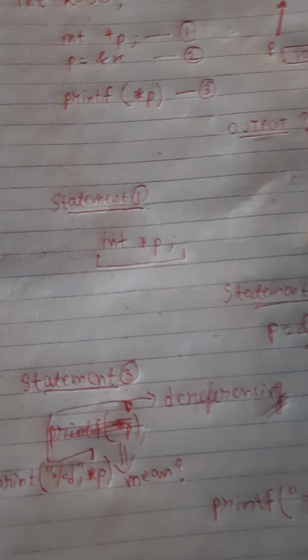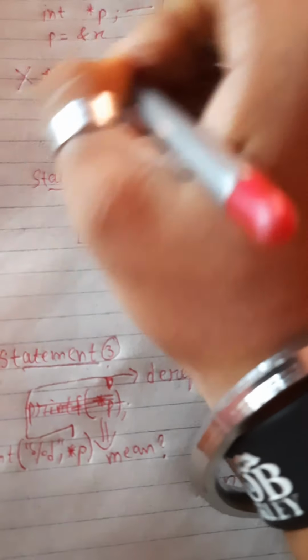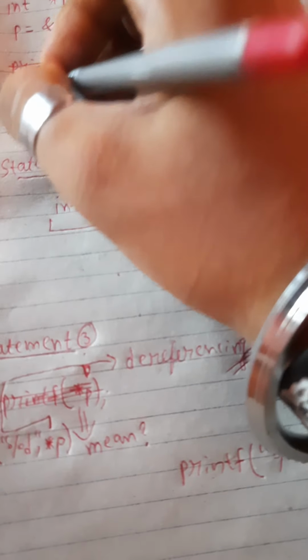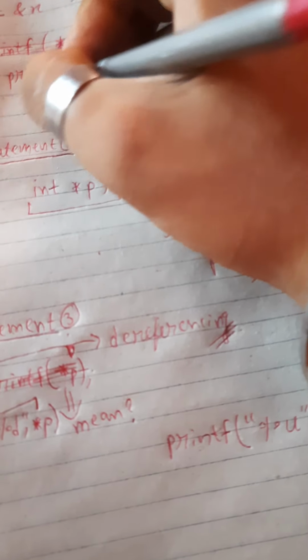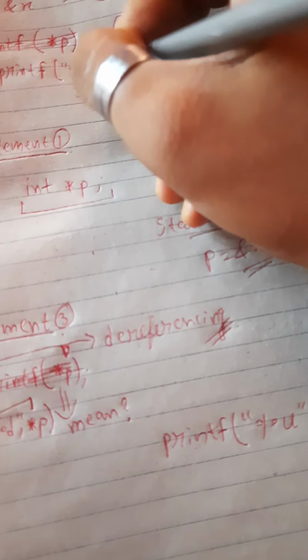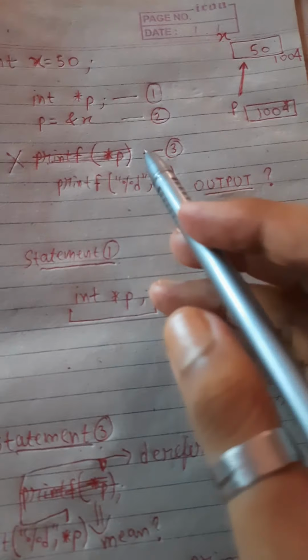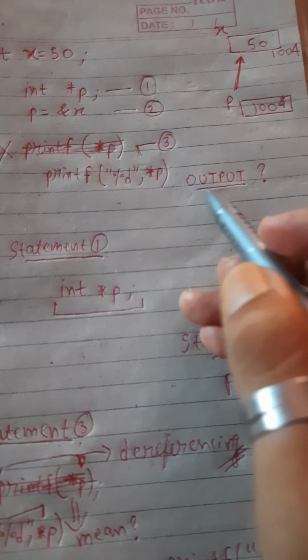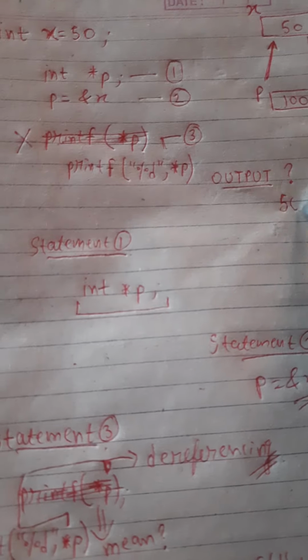Please just pardon this statement, and just replace it with this. So this will be my statement 3. I just made a simple mistake there. So what will be my output of this? My output will be 50.